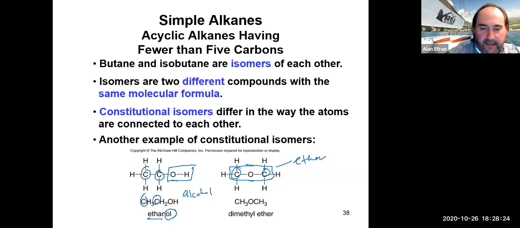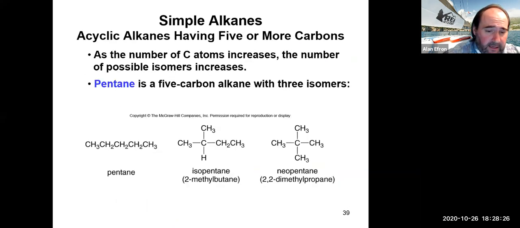Here's another example here of pentane. 5 carbons in a row. So this has got 5 carbons. It also has 12 hydrogens. This guy over here also has 5 carbons and 12 hydrogens. Same thing here. These are all isomers of each other.